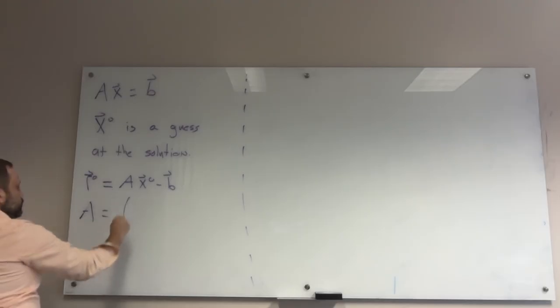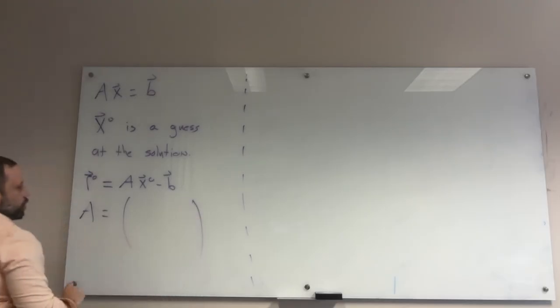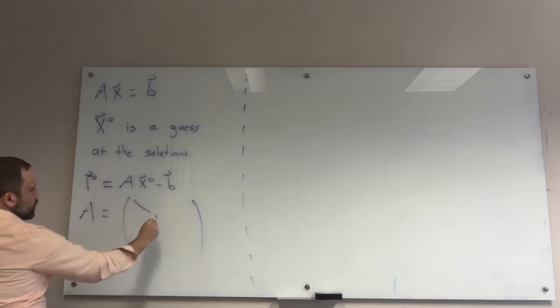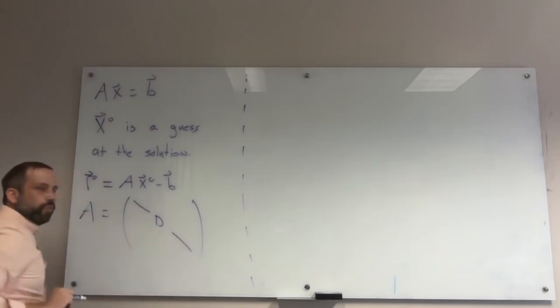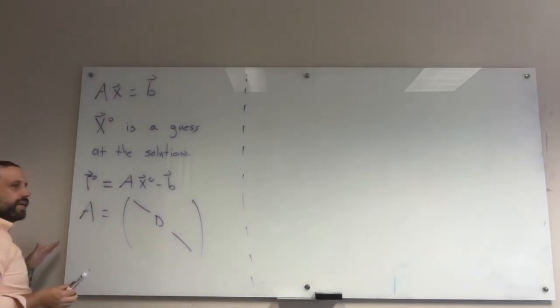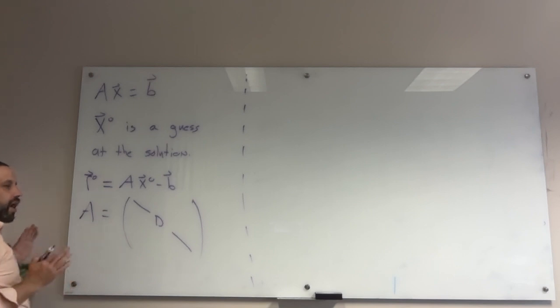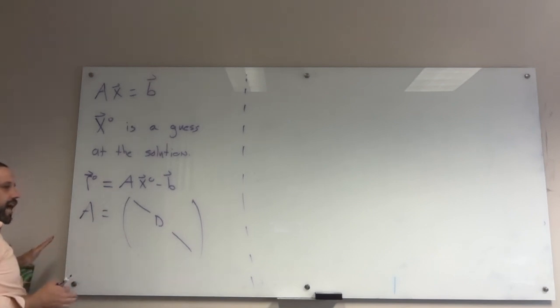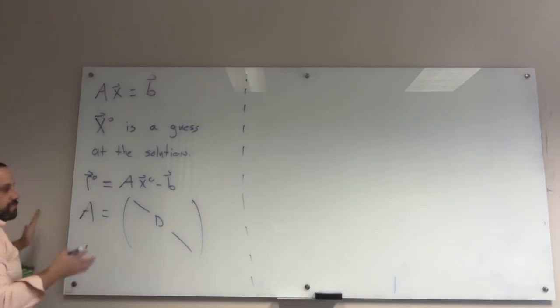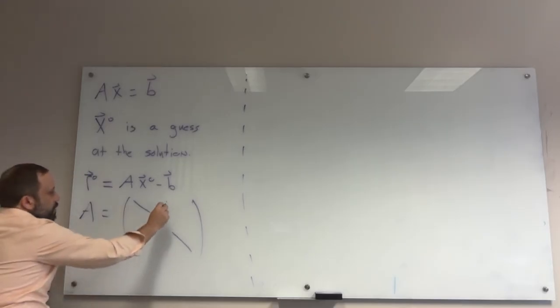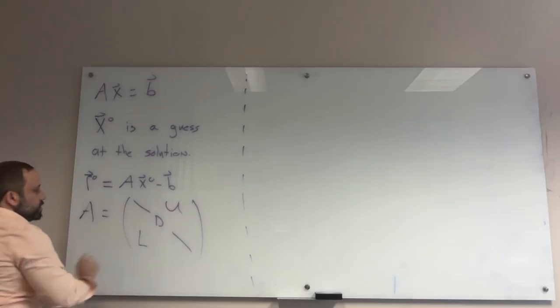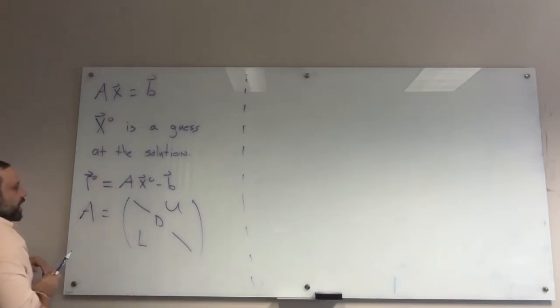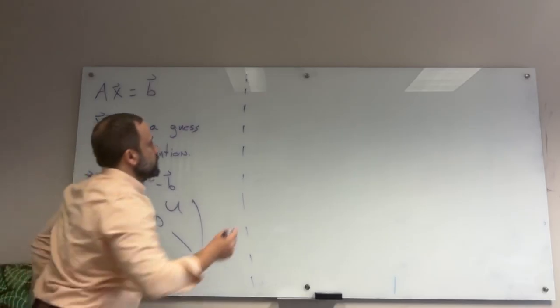I'm going to do this a little bit differently than the book does, because the book has too many minus signs, and when I tried to write out my lectures, I got confused with the number of minus signs. Sorry. So this is going to be the upper triangular part, this is the lower triangular part, and then there's the diagonal part. Then A is equal to U plus D plus L.